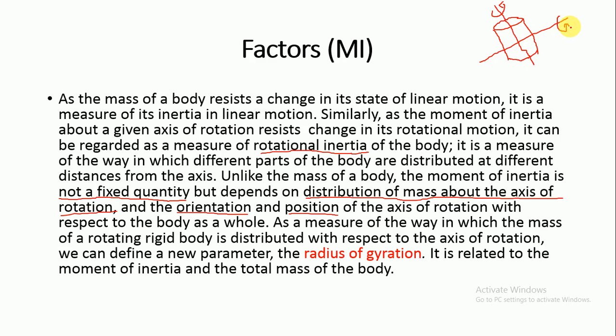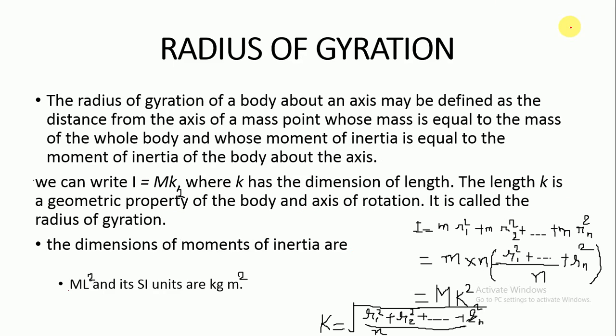As a measure of the way in which the mass of a rotating rigid body is distributed with respect to the axis of rotation, we can define a new parameter, the radius of gyration. It is related to the moment of inertia and the total mass of the body. So one more physical quantity we are going to define is the radius of gyration. What is that?